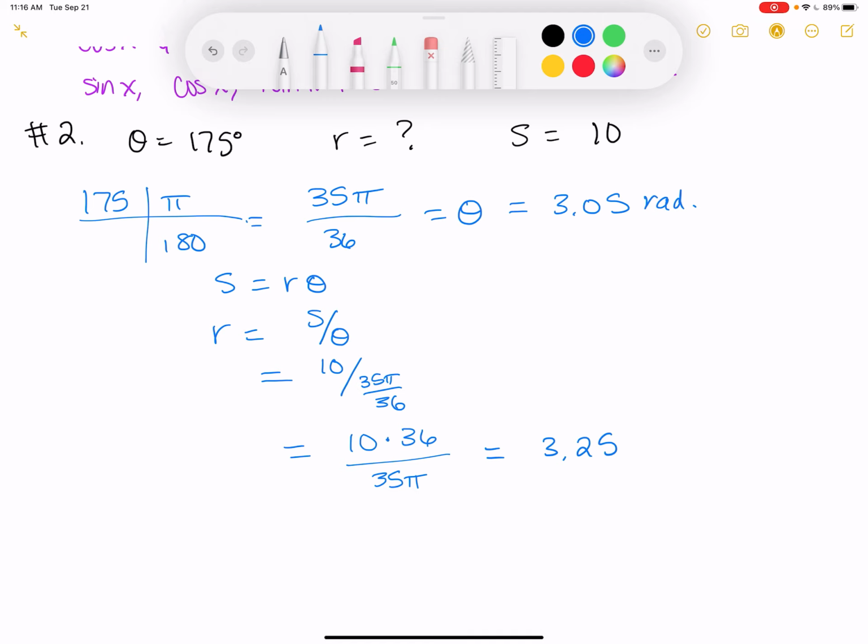Then you're just doing 10 divided by 3.05 to get 3.25. If you leave the pi in, I got 3.27, so it's close.